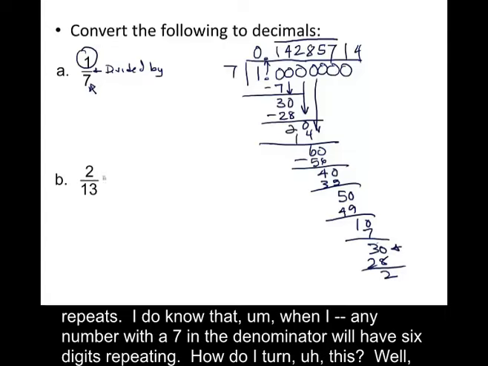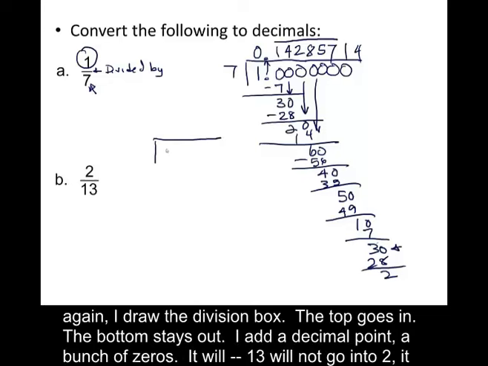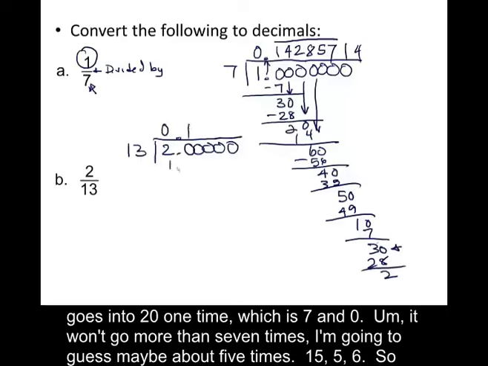How do I turn this one into a decimal? Well, again, I draw the division box. The top goes in, the bottom stays out. I add a decimal point and a bunch of zeros. 13 will not go into 2. It goes into 20 one time, which is 13 and 7. It won't go more than 7 times.